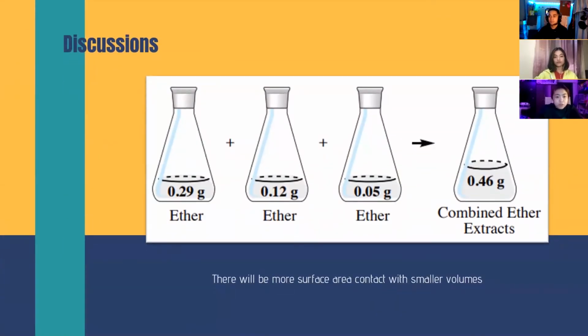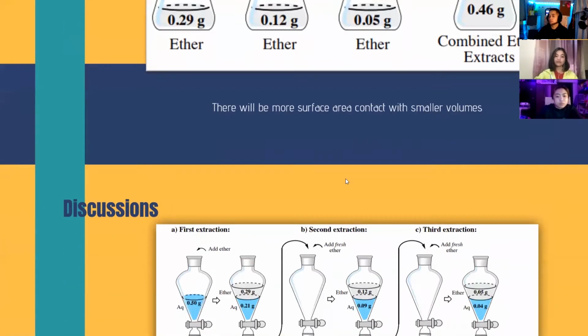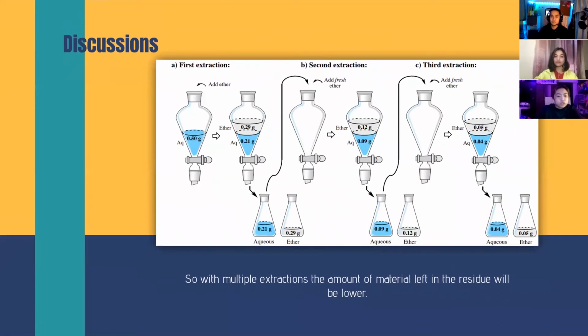Theoretically, multiple extraction is more efficient since the goal of extraction is maximizing surface area contact between the two solutions. There will be more surface area contact with smaller volumes, like in the figure shown. Furthermore, you can mix two smaller portions faster and more thoroughly than one large portion.